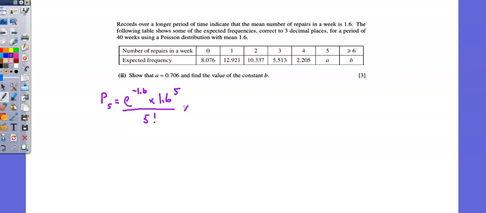We want to multiply this value by the 40 weeks involved in the analysis. That result is 0.706. So that matches the value they've given me to prove.